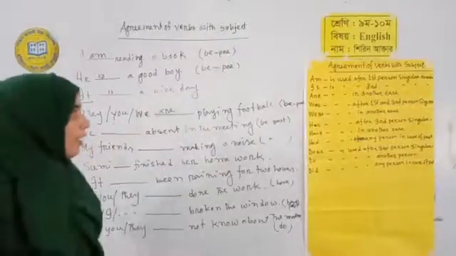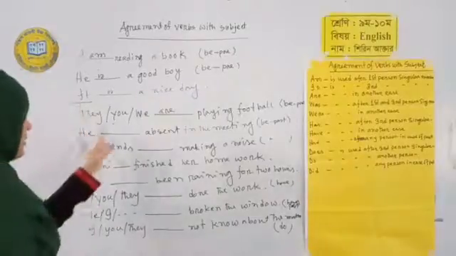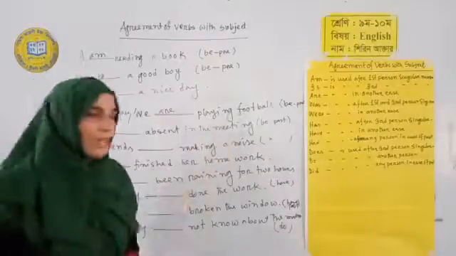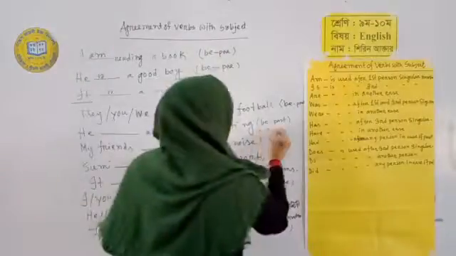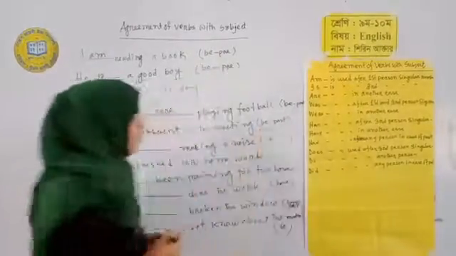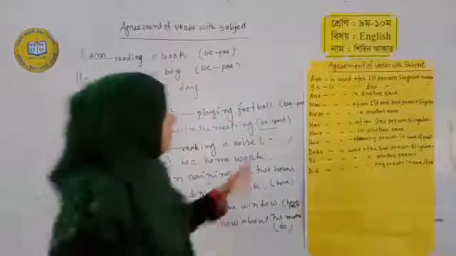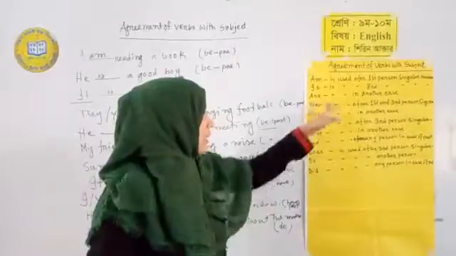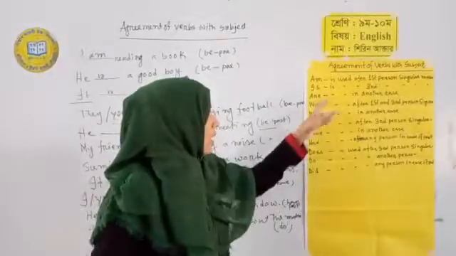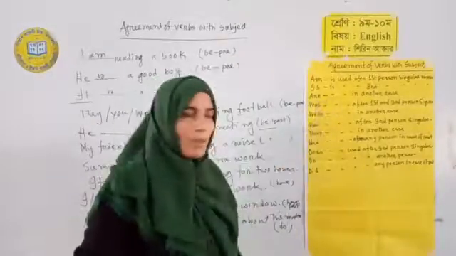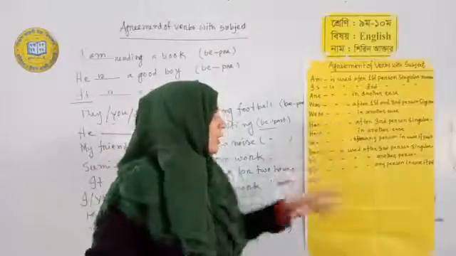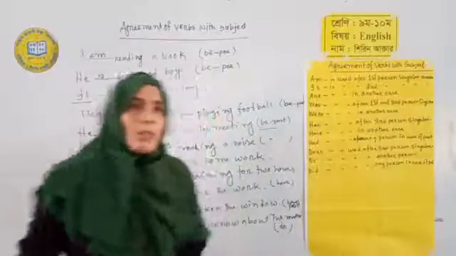Then our next example is he dash absent in the meeting. Here we have to use also be verb but in the past form. Here past form of be verb is কি আছে? Past form of be verbs are was and were. be verb-এর past form গুলো হচ্ছে was এবং were। এখানে তাহলে was টা কোথায় ব্যবহৃত হয়?